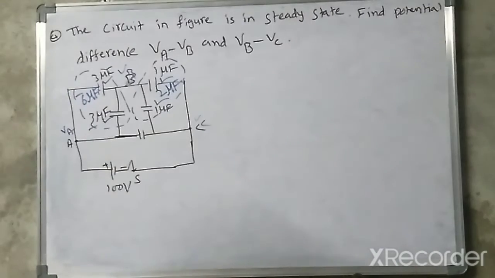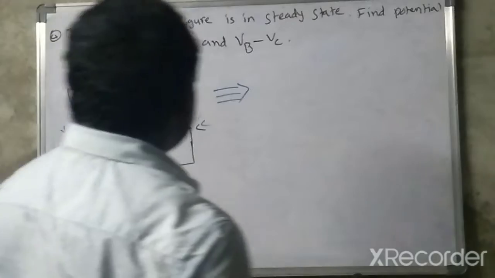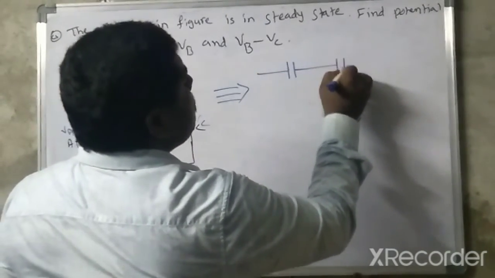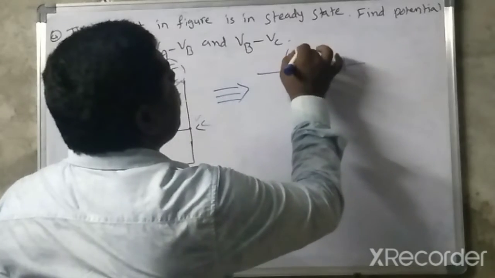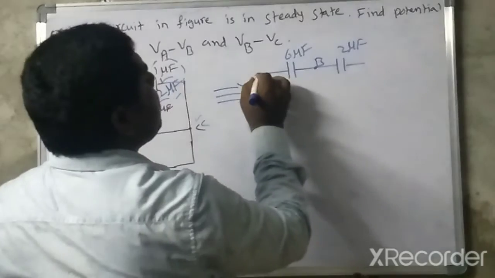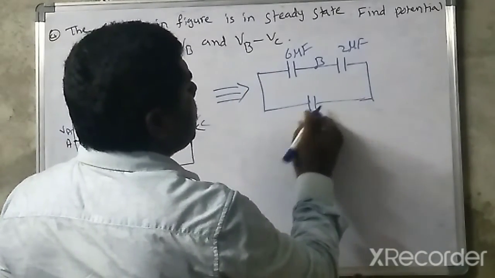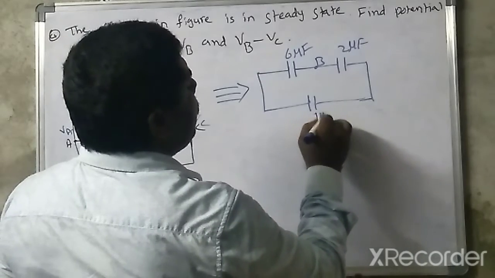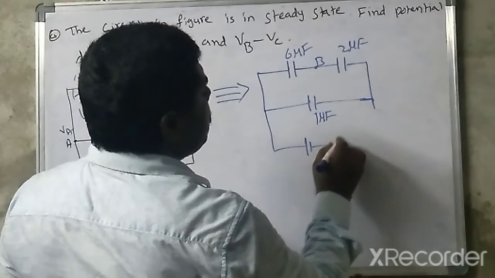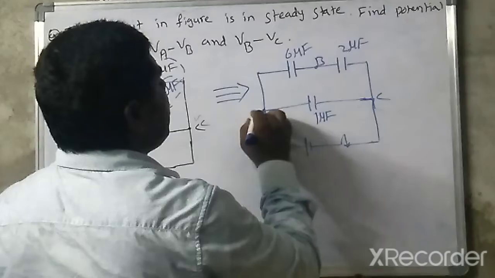So you may draw the equivalent circuit diagram again. Here this is a 6 microfarad, this is a 2 microfarad, this point is B. Now one more lower capacitor, 1 microfarad, is connected, with a battery through a switch. This point is C, this point is A.